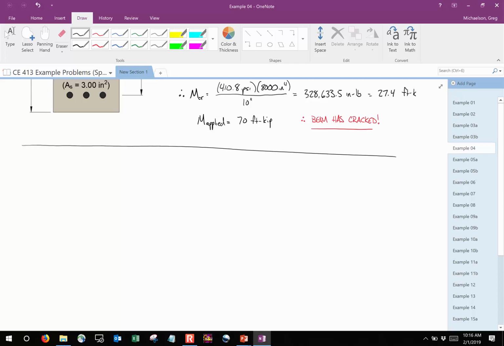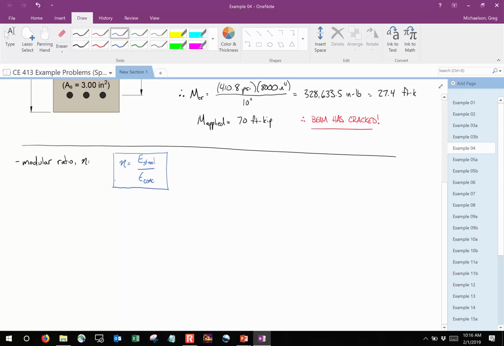All right. Now, before we start going into transform sections, we need to look at a modular ratio. We need a value for N. Now, typically, N is E for the steel divided by E for the concrete.